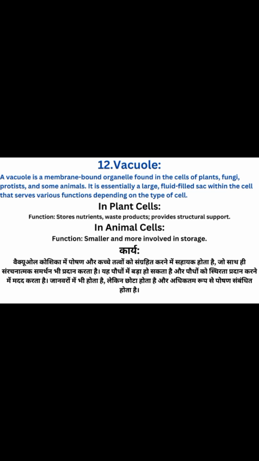It's like the plant's pantry, trash bin, and backbone all in one. In animal cells, the vacuole takes on a smaller role but is still involved in storage. It's like a compact storage unit for the essentials. So, whether big or small, the vacuole plays a crucial role in maintaining the cell's balance and functionality.